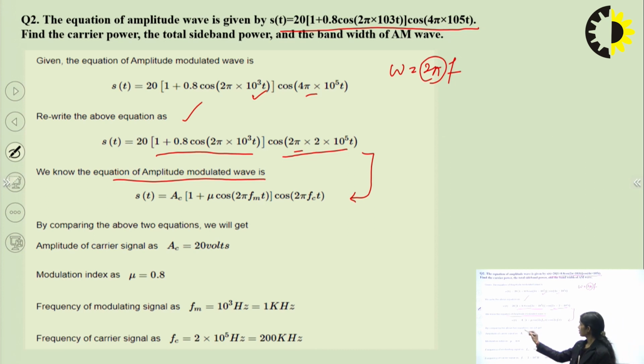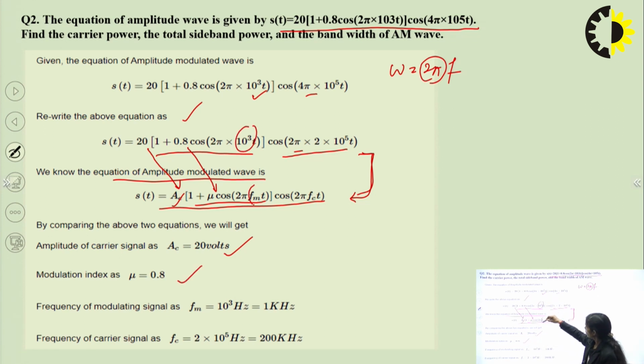This equation is given by the formula Ac multiplied by (1 + μ cos 2π fm t) multiplied by cos 2π fc t. When we compare these two equations, we first obtain Ac as 20. So Ac comes out to be 20 volts, and by comparing these two we get μ as 0.8, and again if I compare, this corresponds to fm.